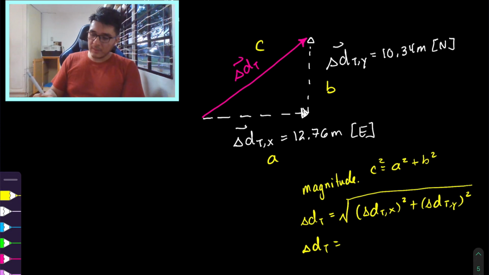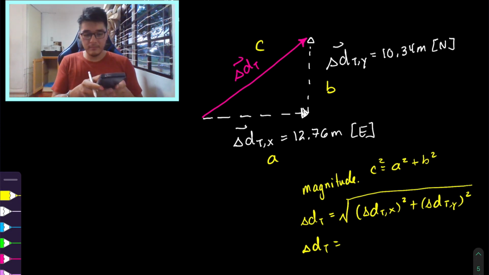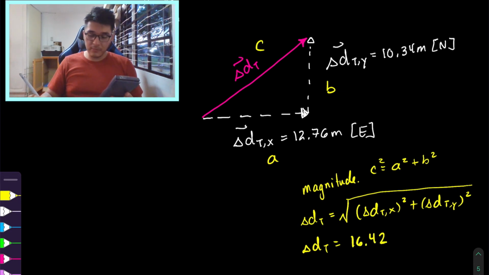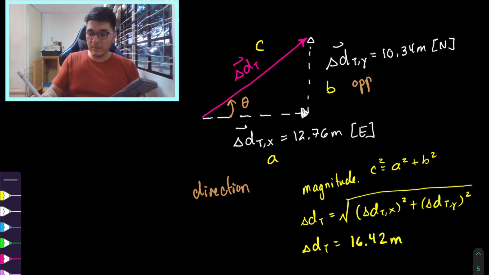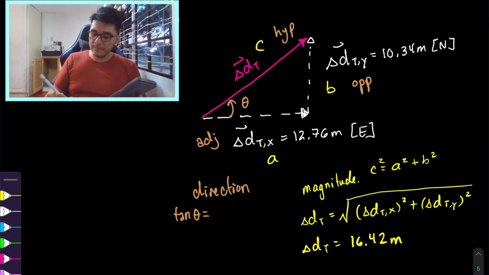So plugging this into the calculator now, we get 16.42 meters. That's for the magnitude. For the direction now, we're going to use the tan ratio. So from this angle, we can label our opposite side, our adjacent side, and hypotenuse. So we have tan theta equals opposite over adjacent.